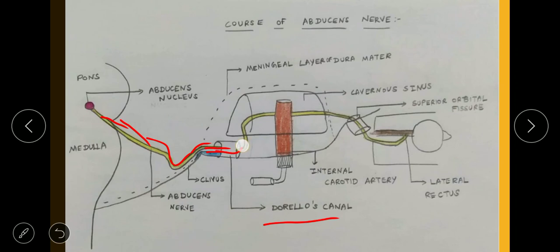Then it moves into the cavernous sinus and is a content of the cavernous sinus along with the internal carotid artery.